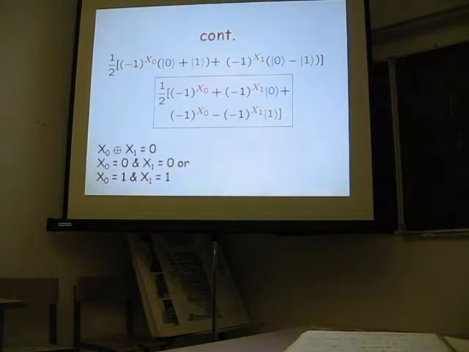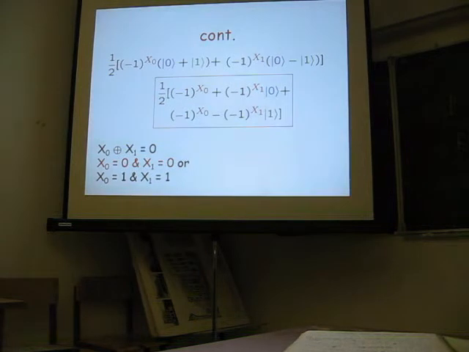So now look at this thing, and imagine that the parity of our two variables, x0 and x1, was 0. This could come about because either x0 was 0 and x1 was 0, or x0 was 1 and x1 was 1. Both were the same. So in this situation, let's just assume that it was the case x0 is 0 and x1 is 0. The other case is exactly the same.